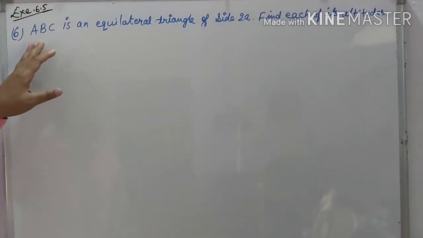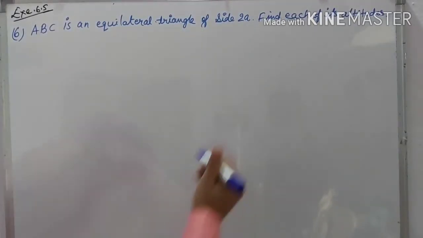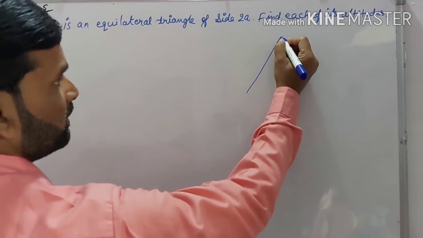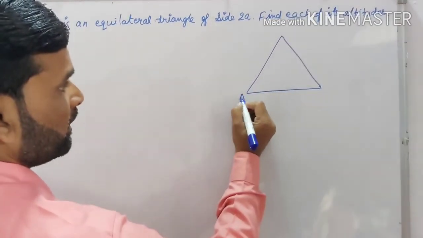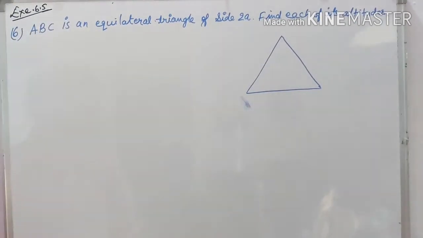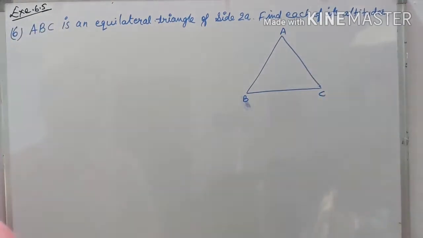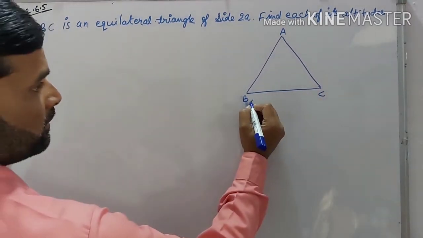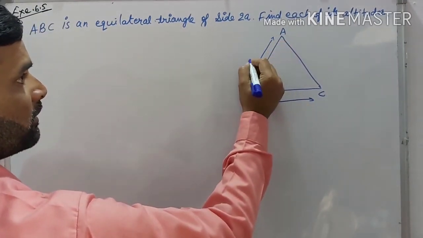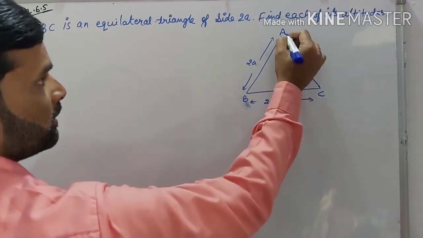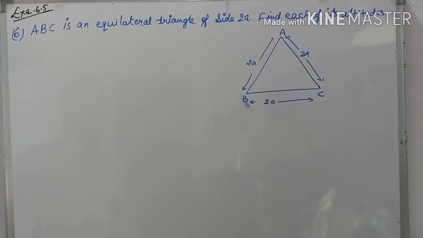Question number 6 is asked: ABC is an equilateral triangle of side 2A. So first you draw an equilateral triangle. What is the meaning of equilateral triangle? All sides are equal. The vertices are labelled A, B, C, and each side is 2A, the length is 2A units, and find each of the altitudes.